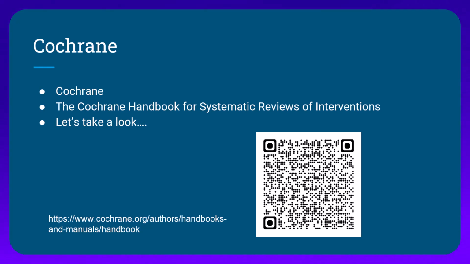Cochrane is also known for a resource they created and maintain, the Cochrane Handbook for Systematic Reviews of Interventions. This resource provides guidance to systematic reviewers showing how, in detail, to perform the various steps of a systematic review properly. On this slide is also a URL and a QR code for that handbook.